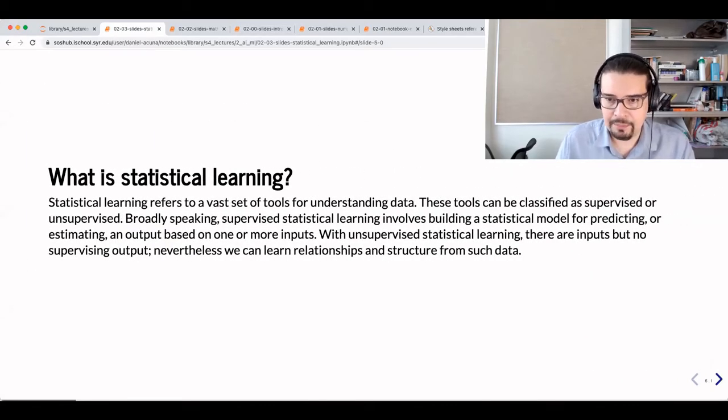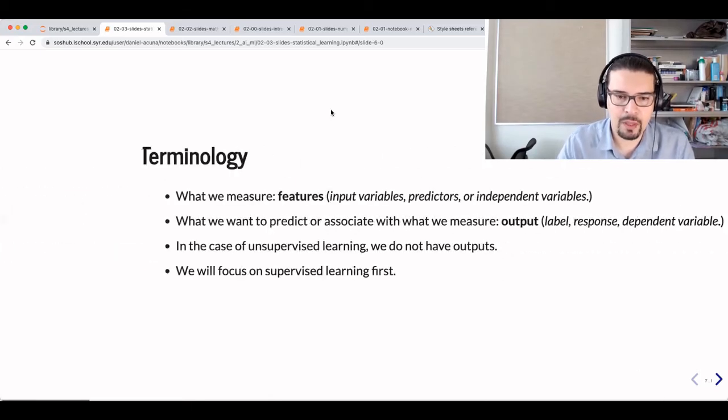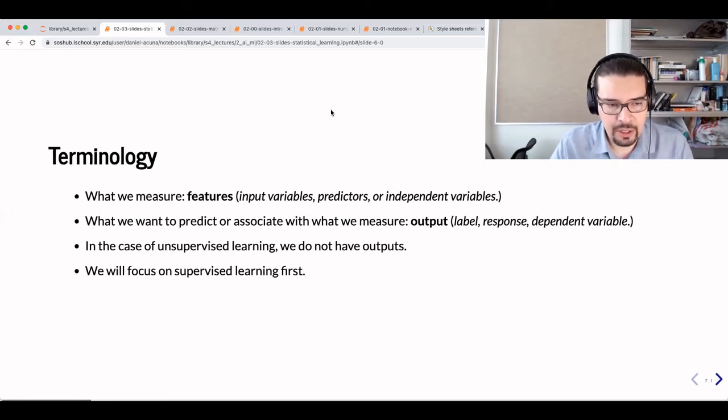If you read the book on statistical learning that I suggested, The Elements of Statistical Learning or An Introduction to Statistical Learning, they define it very simply as techniques for doing supervised or unsupervised learning from the data. Very straightforward definition.